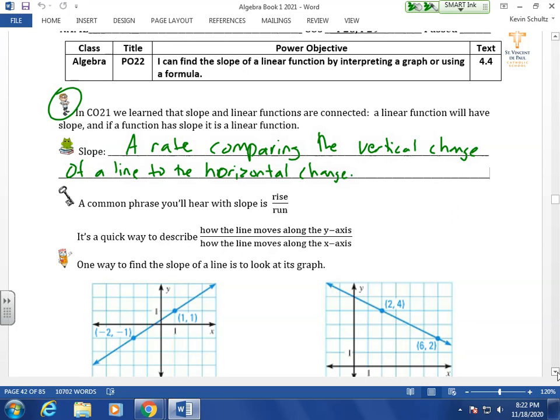I'll say it again. It's a rate comparing the vertical change of a line to the horizontal change of the line. And rates are written as fractions, so you'll see slope oftentimes written as a fraction.